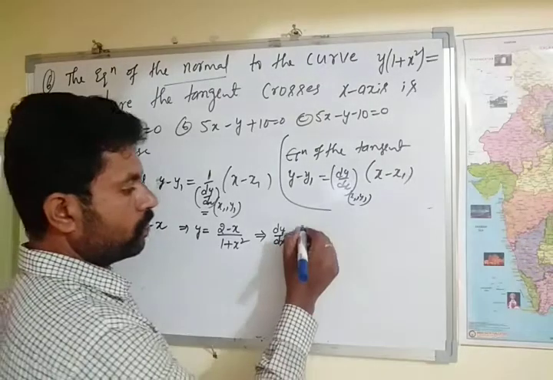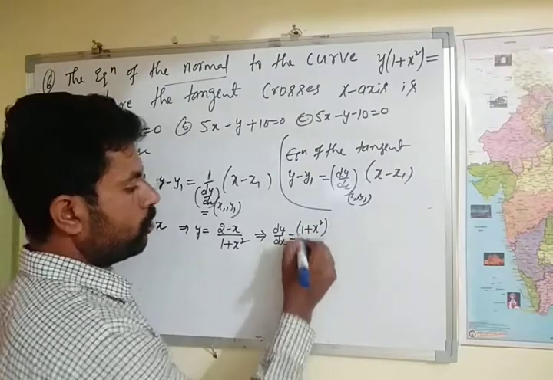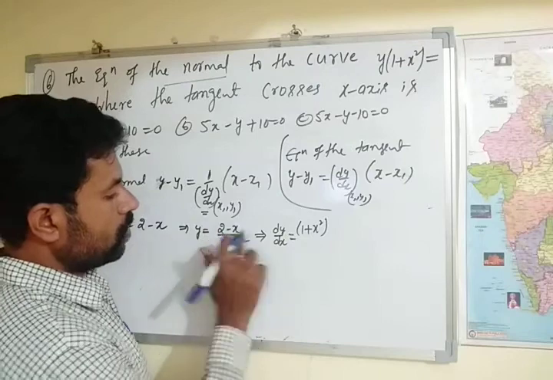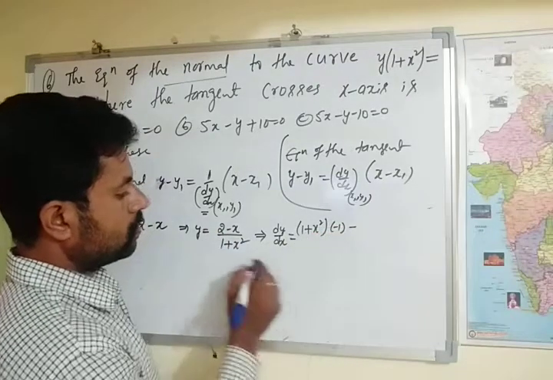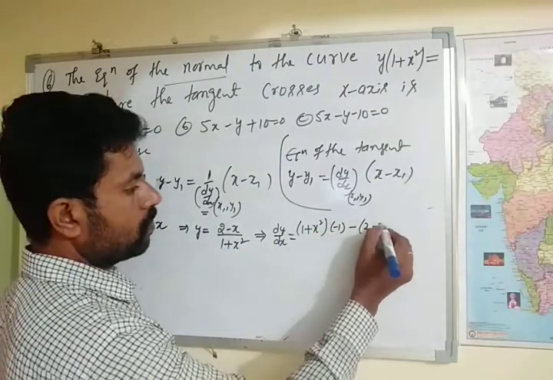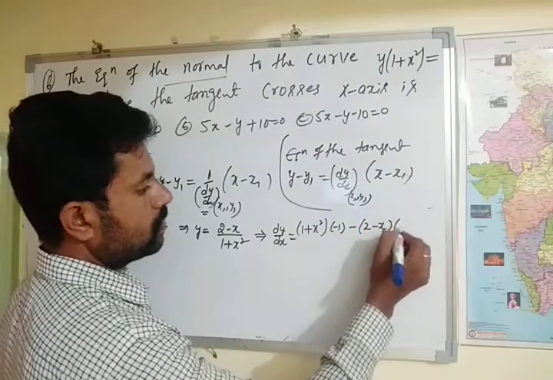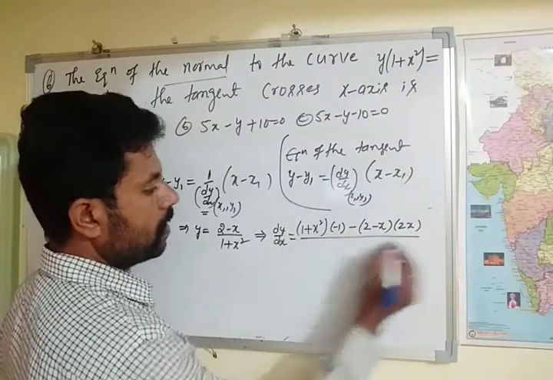Denominator into derivative of numerator 2 minus x, 2 is 0, minus 1, minus numerator into derivative of denominator 2x, whole divided by denominator whole square.